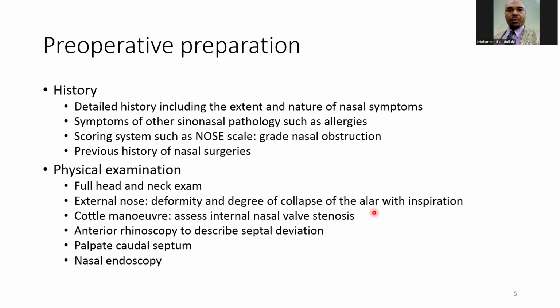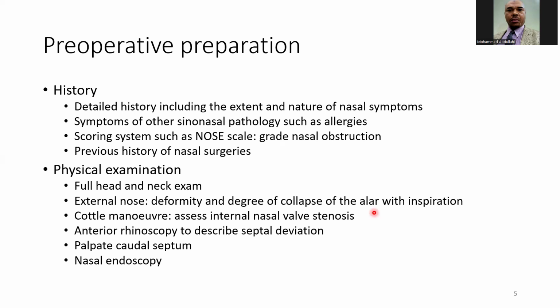Detailed history, including the extent and nature of nasal symptoms, history of allergies and prolonged use of topical decongestants, and previous history of surgeries is very important because there will be a risk of flap tear during septoplasty because of fibrosis.